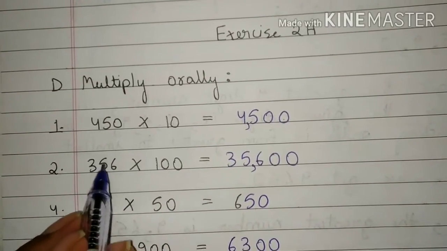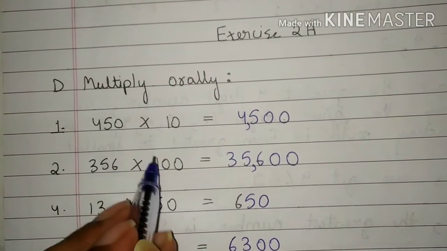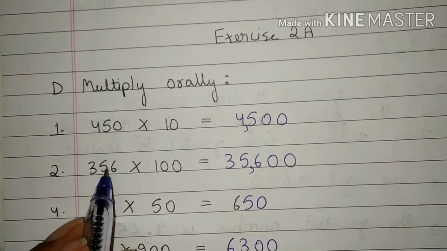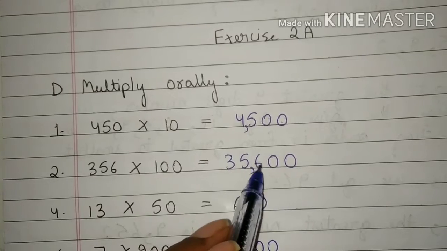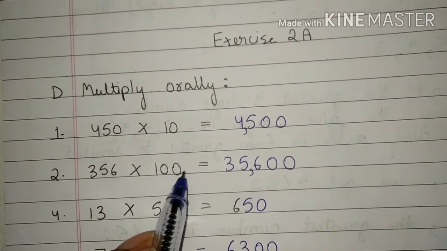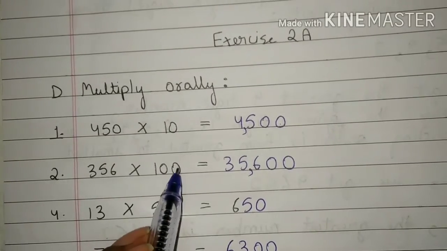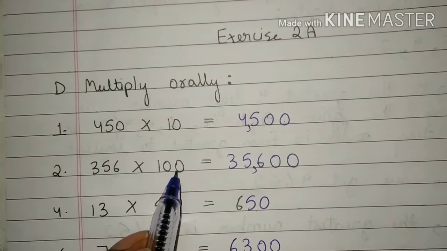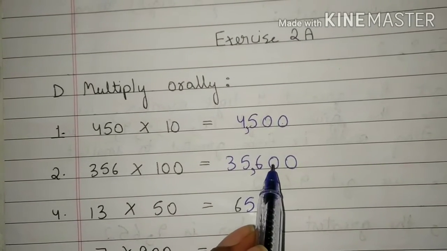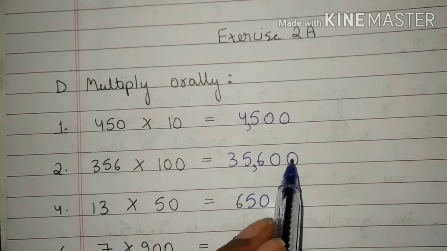So 356 multiplied by 1 will give same number, that is 356. So we will write 356 here. Students, here 0 is written 2 times, that is 0 0. So we will write 2 times 0 here also, that is 0 0.